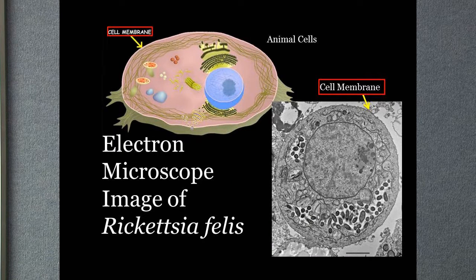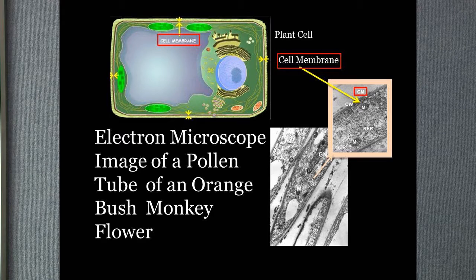In the animal cell, the cell membrane goes all the way outside the cell, and it marks the limit of that cell. In the plant cell, we can see the cell membrane again. The dark line that goes all the way around through there is also the same as a dark line right in through here. That's the cell membrane of a plant cell.